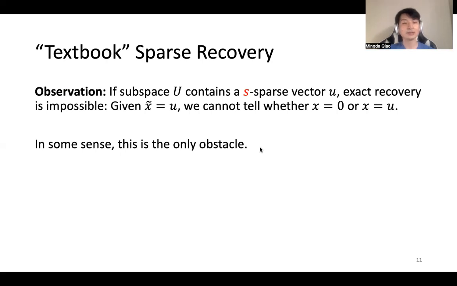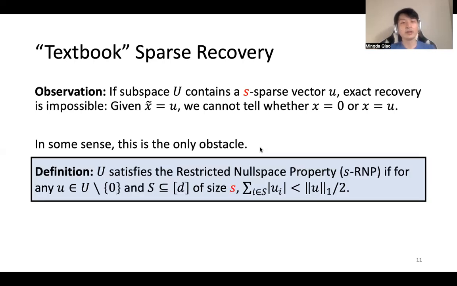On the other hand, it is known that this is essentially the only obstacle towards sparse recovery. So formally, the textbook approach builds on this definition of restricted null space property, or s-RNP.